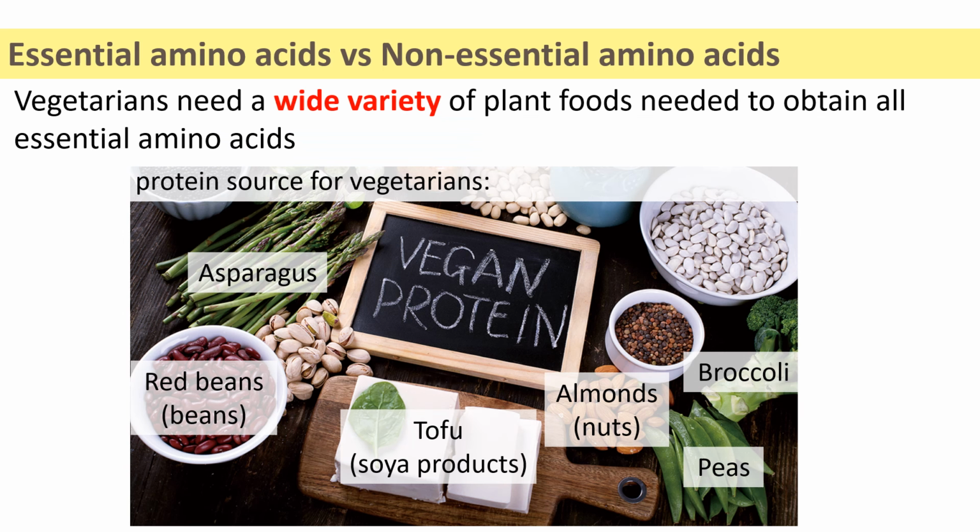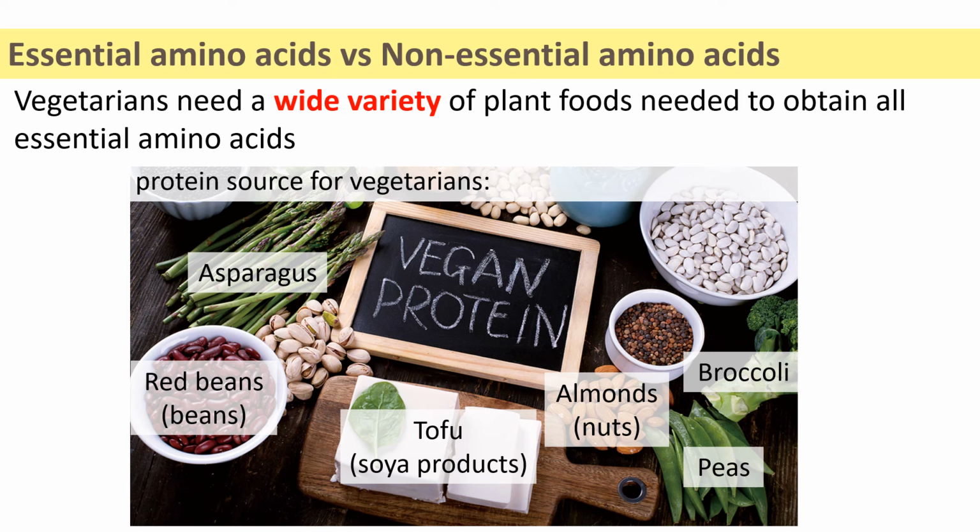The answer is by having a wide variety of plant foods, many different types. Now, yes, it's true, each type of plant food will lack one or more essential amino acids, but the idea is that different plant foods miss different ones.